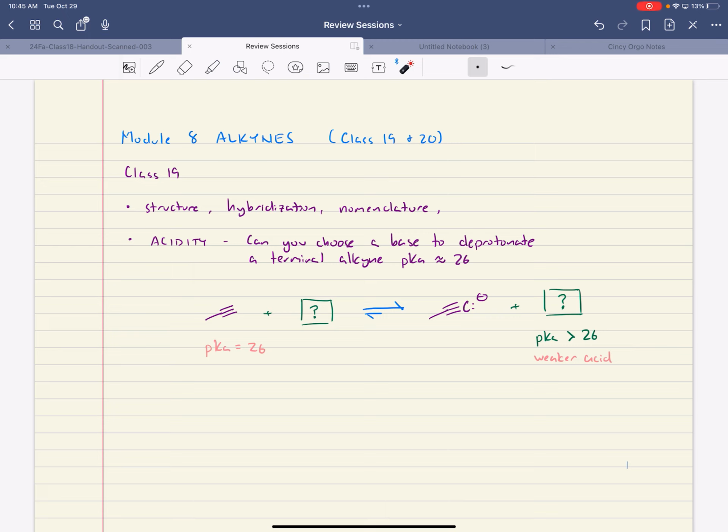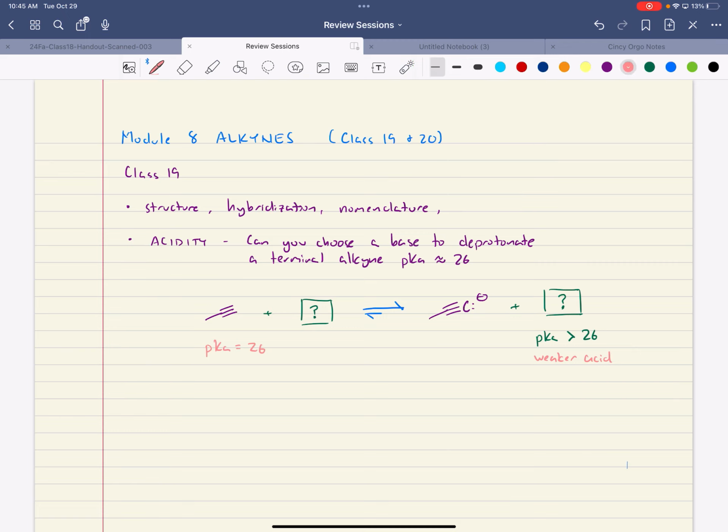Does everyone understand that question? I'll give you 4 bases, and I'll say, how many of these bases can make the equilibrium arrow go to the right? Well, you just take each base, make it the conjugate acid, and see if its pKa is above 26 or not. Okay, so I kind of like that question.